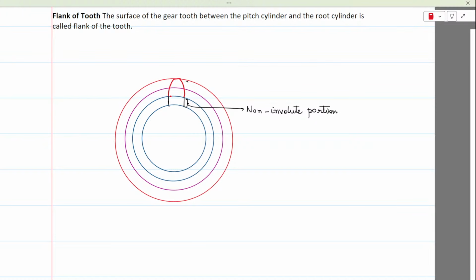And the remaining red colored one is called the involute portion or involute profile. Okay, so remember these things.